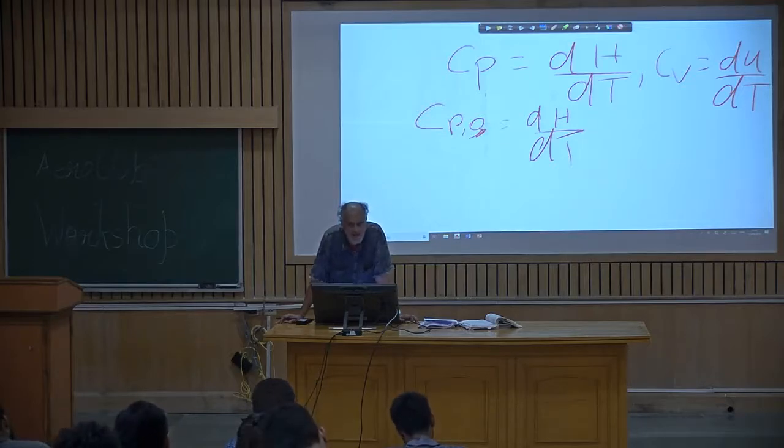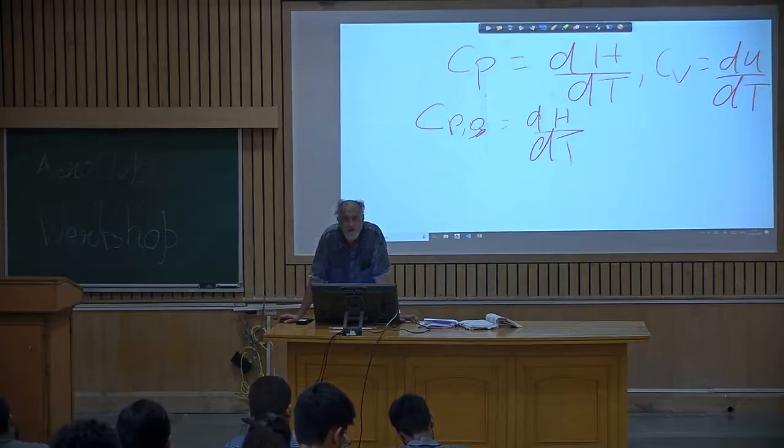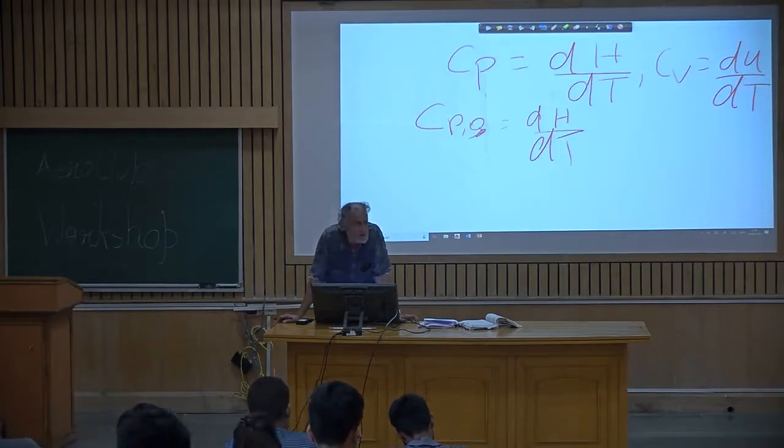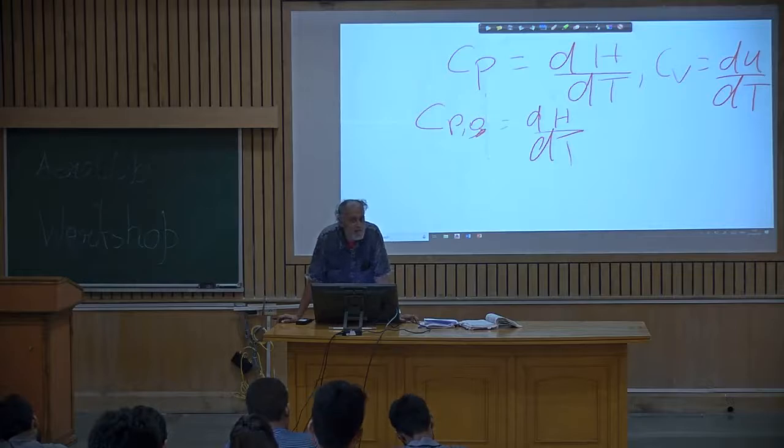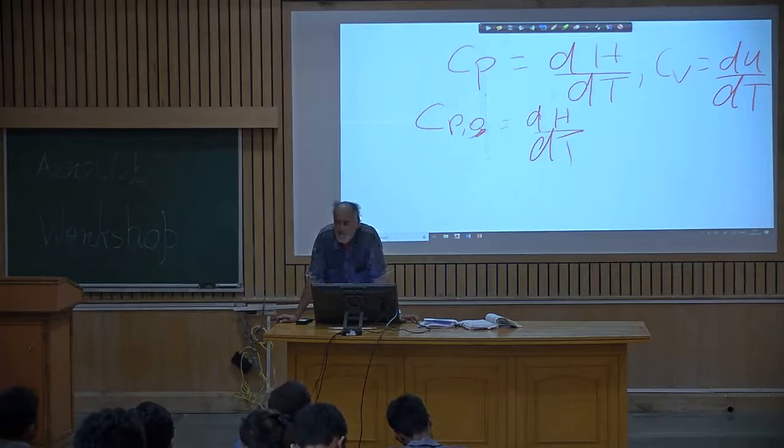Zero pressure constant pressure heat capacity. I mean, it doesn't even make sense. Sounds funny. Zero pressure constant volume heat capacity. Just a notation. If it is not there and they simply keep giving CP, CV in the numericals, you should one time confirm and ask, should I consider this to be ideal gas or non-ideal gas? Those things you are welcome to ask.